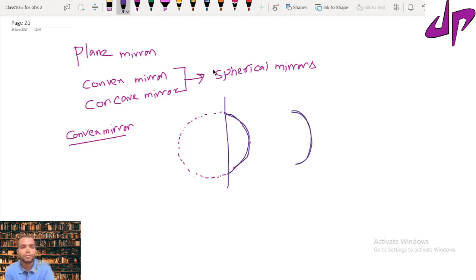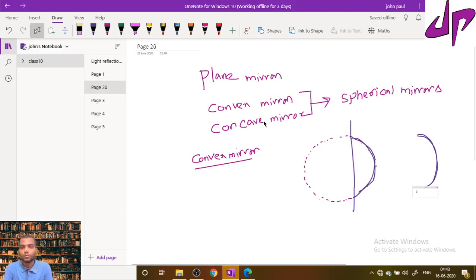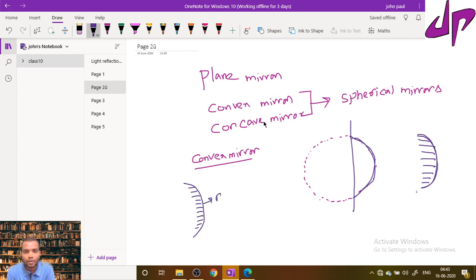If this is a curved surface, and we paint the inside so it is non-reflecting, and the outer surface is the reflecting surface, this mirror is known as a convex mirror.